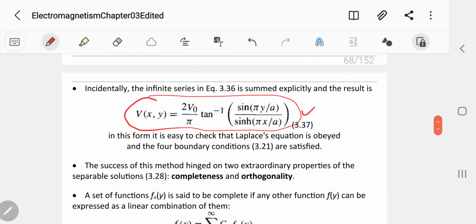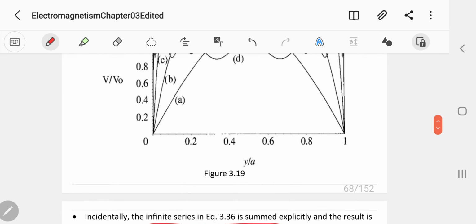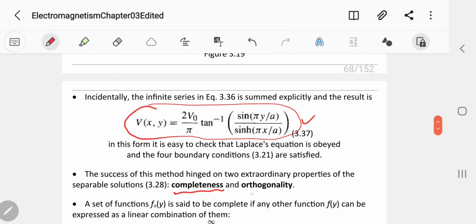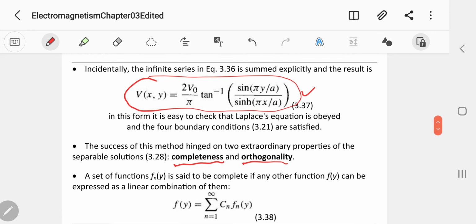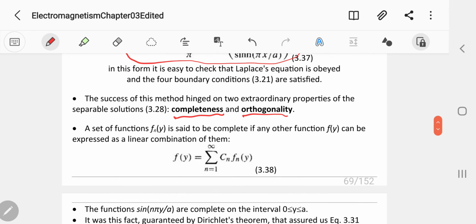So we have a complete potential, and in the series we have also shown orthogonality of each element in the series. A set of functions f n of y is said to be complete if any other function f of y can be expressed as a linear combination of them.